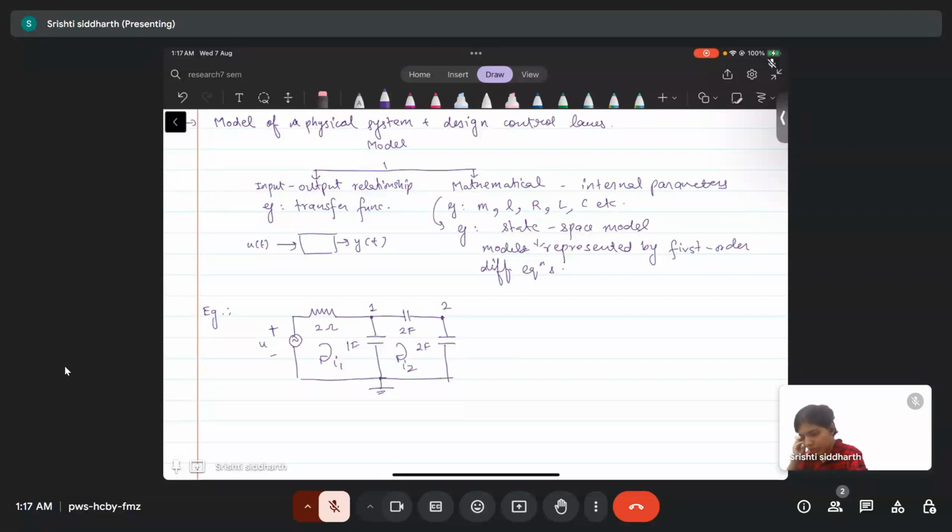So if we know I1, I2, and let's say the voltages across these are, so this is E1, this is E2, and this is E3. And let's say the voltage across the resistor is represented by Y. So if we know what I1, I2, E1, E2, E3, and Y are, at any given time, these represent the status of the circuit at time t. That is, they completely describe the system.